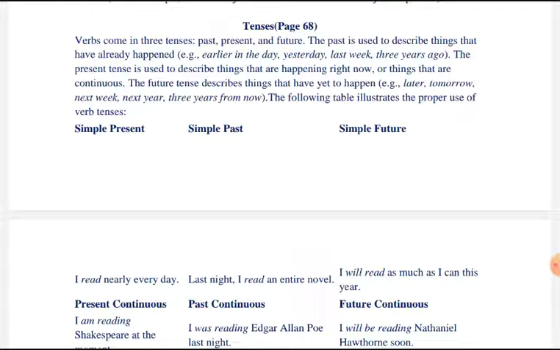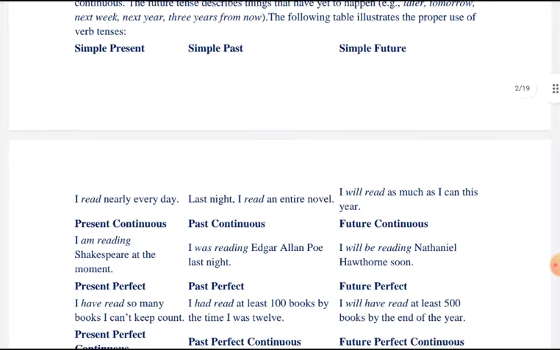The future tense describes things that have yet to happen. Example: later, tomorrow, next week, next year, 3 years from now. The following table illustrates the proper use of verb tense.